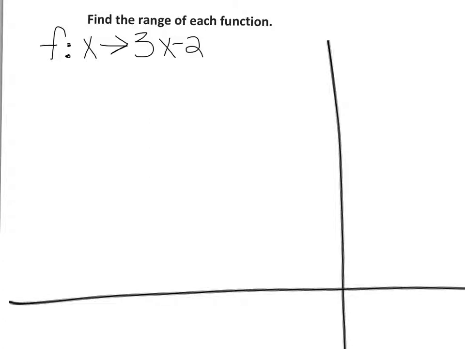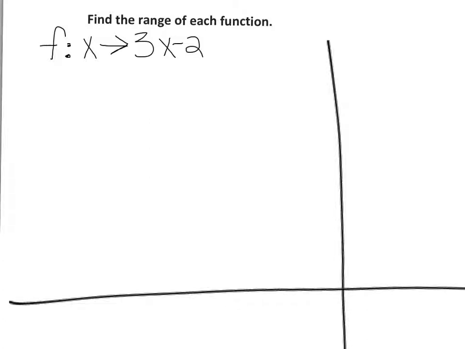So this is my rule. That x and arrow really doesn't mean anything. Function f that assigns x to 3x minus 2. If you care, that's what the arrow notation means. So function f is going to assign any value of x into this equation.